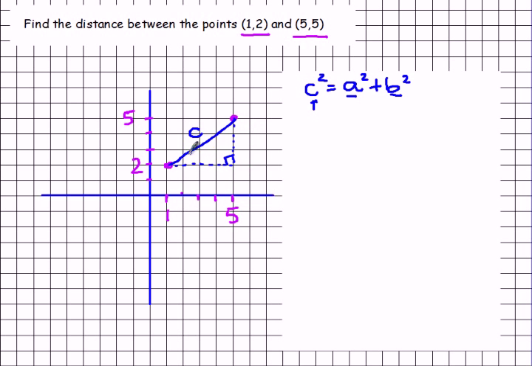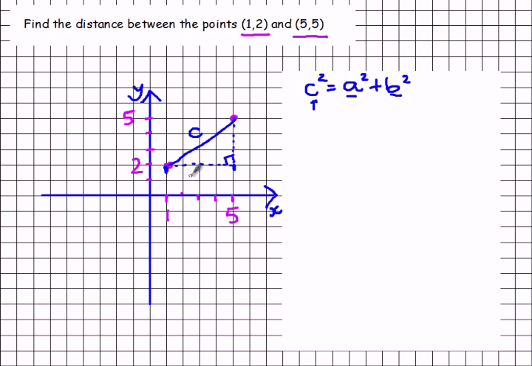So what we need to do in order to find our hypotenuse is know the length of this side and this side here. So let's have a look. This length along our x-axis, if you recall, that one there is the x-axis. This one up here is the y-axis. So our length along the x-axis, we're going from 1 all the way up to 5.